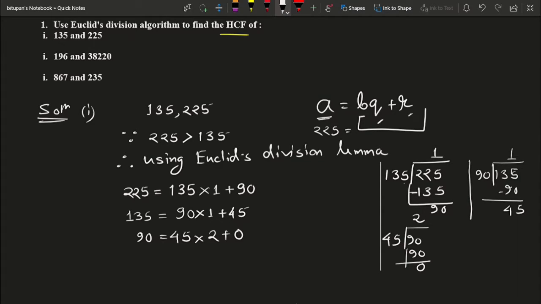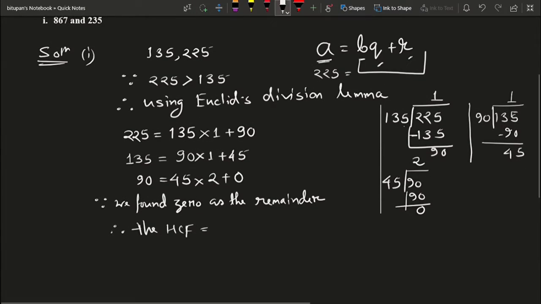So we write: since we found 0 as the remainder, therefore the HCF equals... which one will be the HCF? We got 0 as the remainder. Can it be 45 or can it be 2?